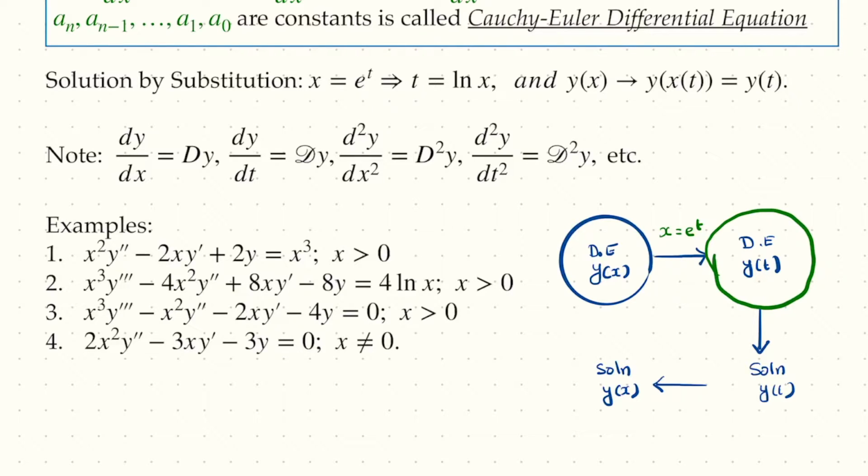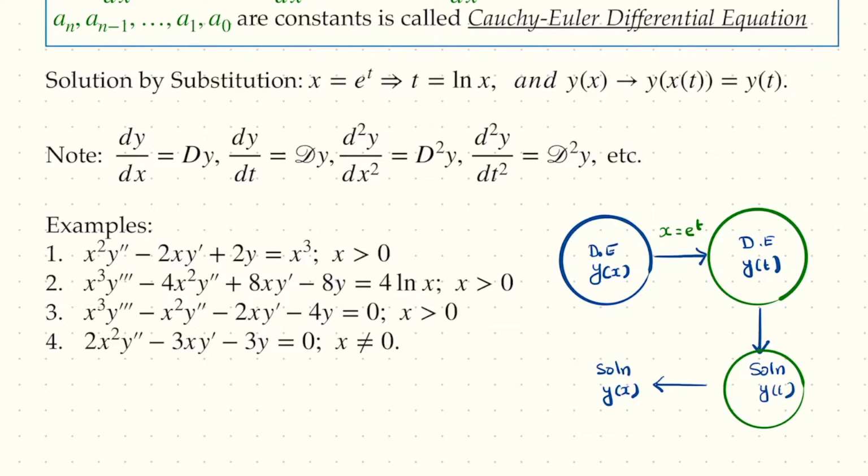Then you solve it. Usually what you get when you solve these is a higher order linear differential equation with constant coefficients. We already know the methods to solve them, so you use the methods that we learned earlier.